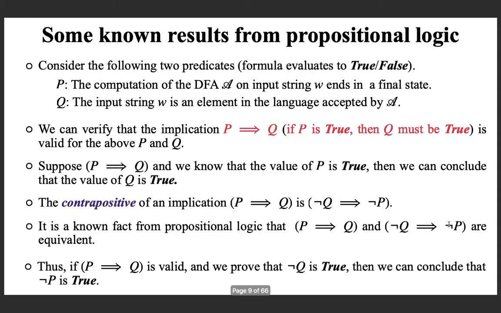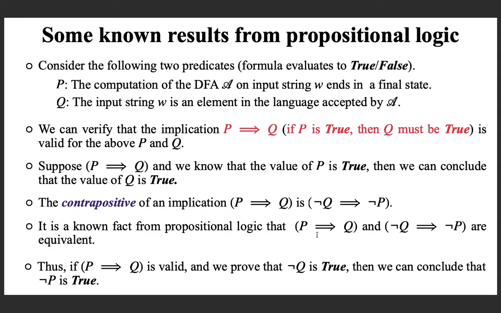That is a known fact, and thus if P implies Q is a valid implication and we can prove that negation Q is true, then we can conclude that negation P must be true.